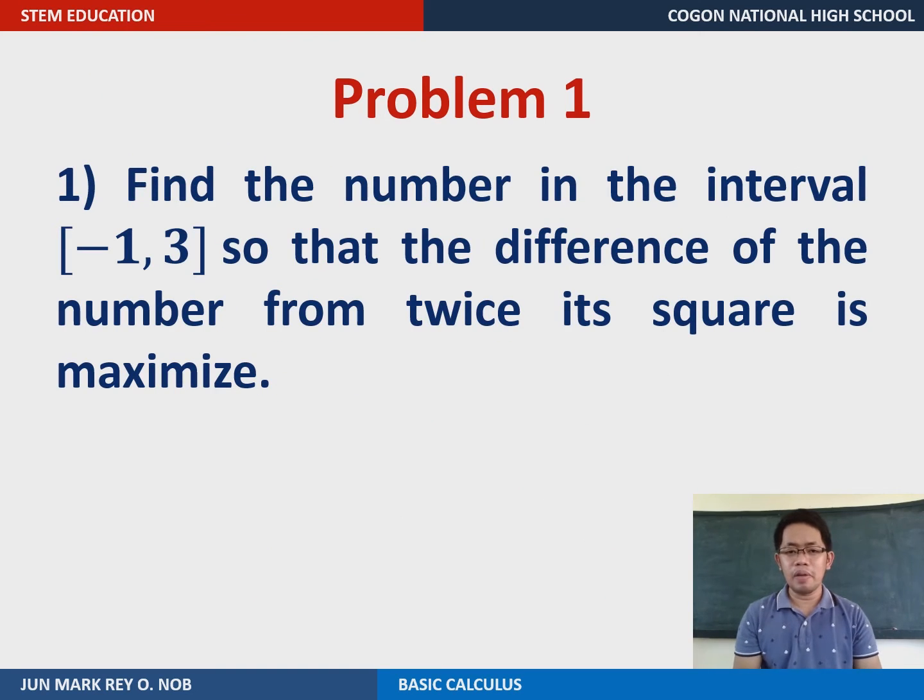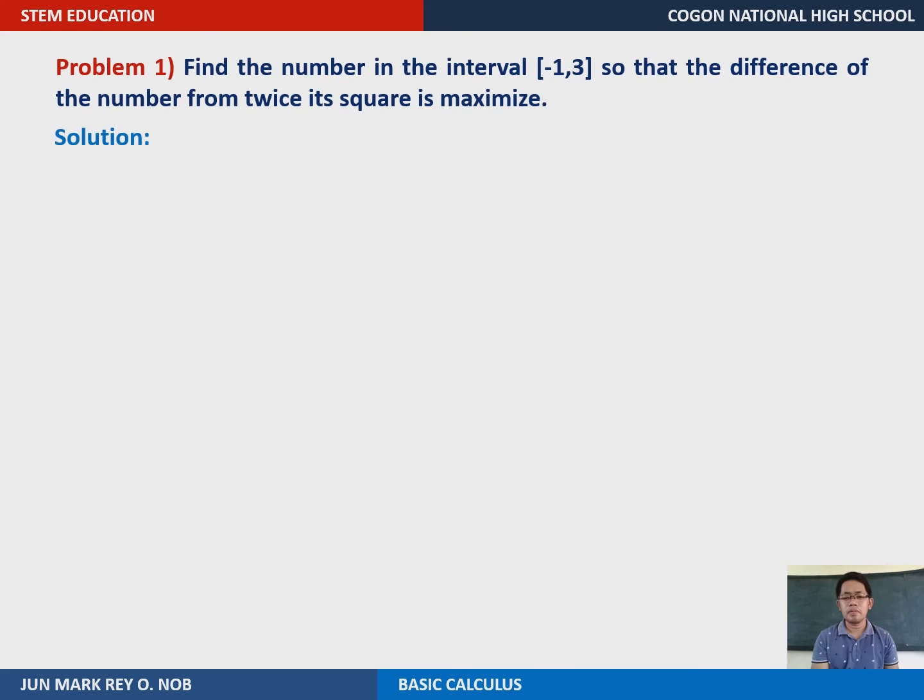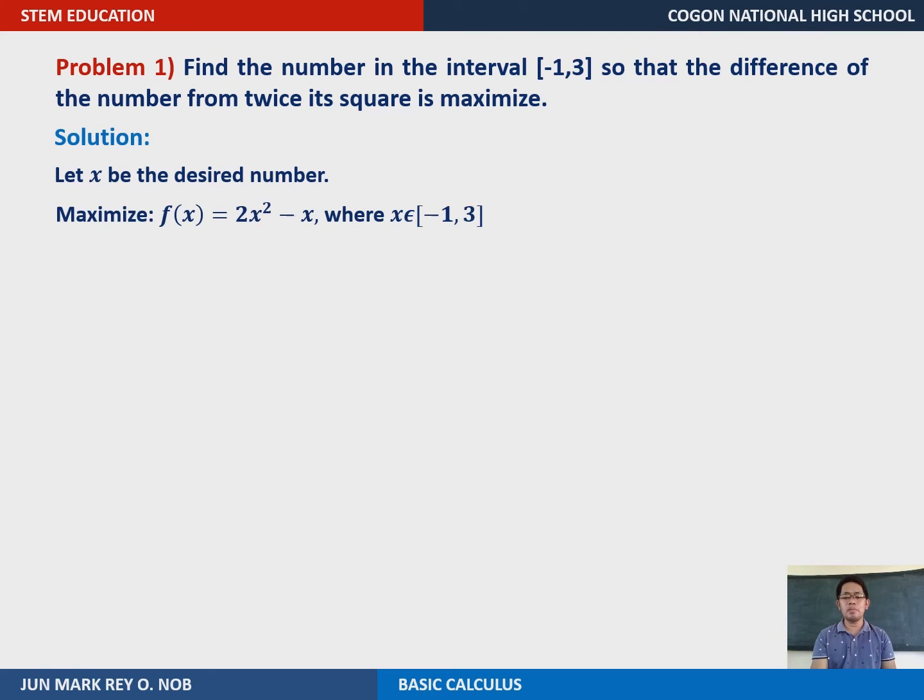For number 1, find the number in the interval -1 to 3 so that the difference of the number from twice its square is maximized. Take note, there is the word maximize. To answer problem number 1, we follow the steps that we presented a while ago. So let x be the desired number. And of course, the problem talks about maximizing an objective function.